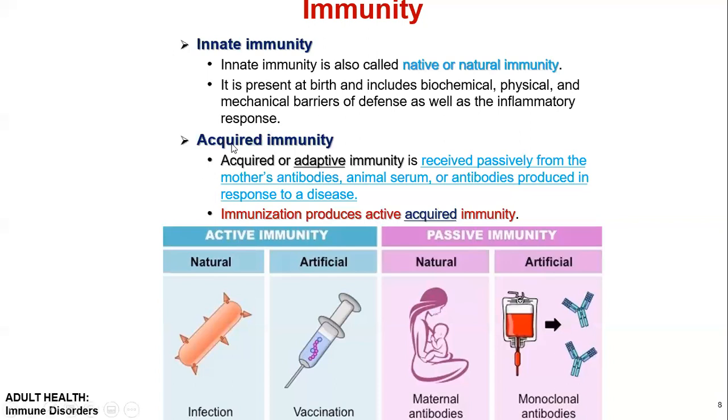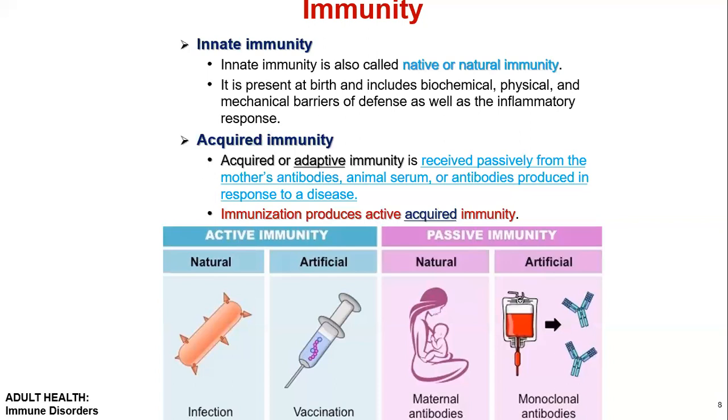What is acquired immunity or adaptive immunity? It is an immunity that occurs after exposure to an antigen, either from a pathogen or from a vaccination. And this part of the immune system is activated when the innate immune response is insufficient to control the infection.